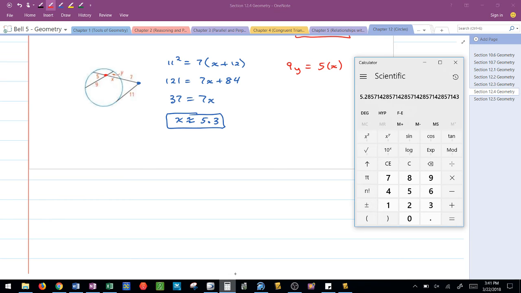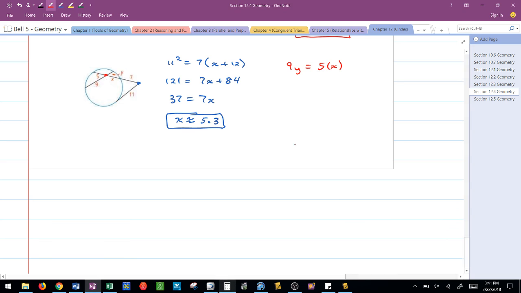I'm going to take that number, that's x, and multiply it by 5. And that gives me this number, and then divide it by 9, and that rounds to 2.9. So I use my calculator here to figure out that y would be approximately 2.9.